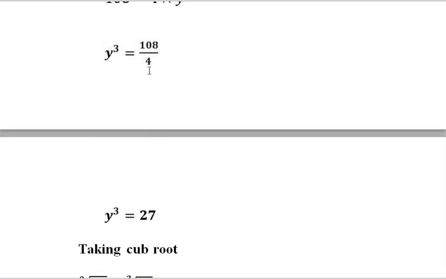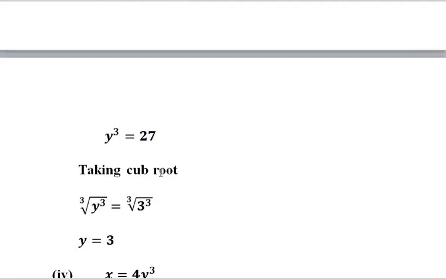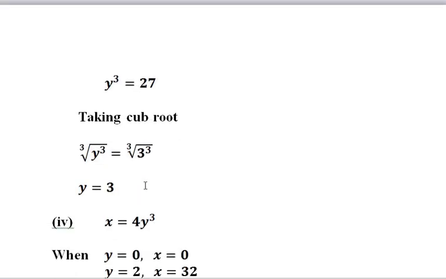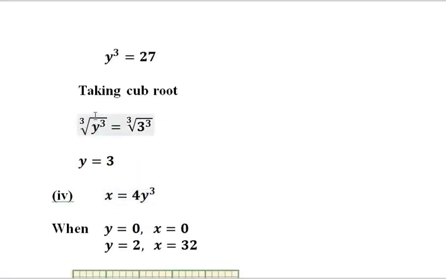This 108 is divisible by 4, so we say that 4 times 27 equals 108, which means y cube equals 27. We are finding y. To eliminate cube, I will take cube root of both sides. Taking cube root, equation becomes cube root of y cube equals cube root of 27.